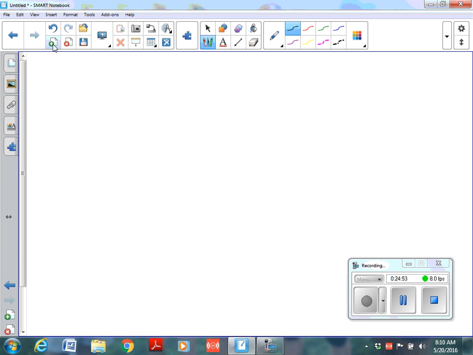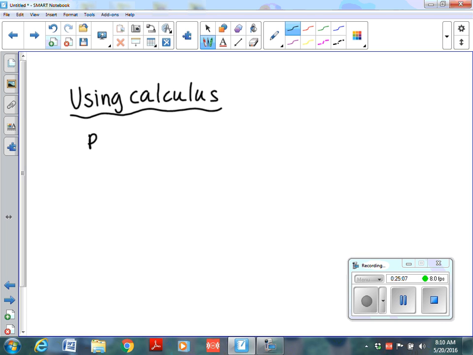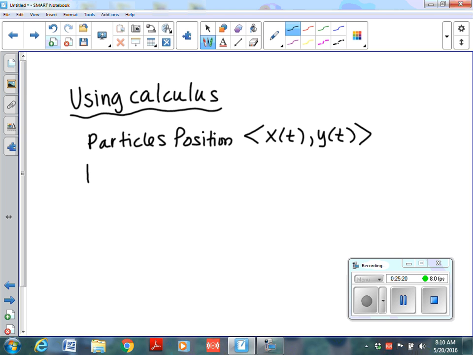Now I'm going to start teaching you the calculus. Using calculus, a particle's position is x sub t, y sub t. The particle's velocity is just the derivative of that, dx/dt, dy/dt. It's not too difficult.